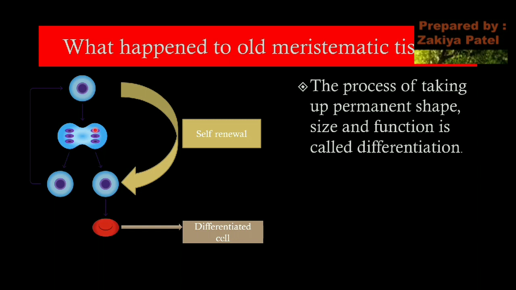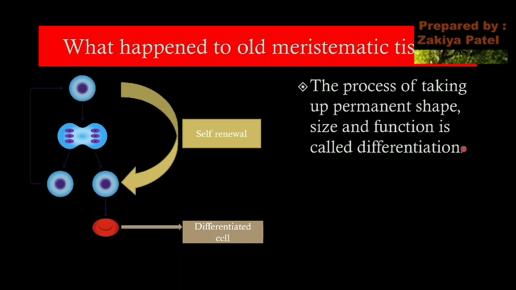The process of taking up a permanent shape, a permanent size, and function is called differentiation. Old meristematic cells lose the capacity to divide and transform into permanent cells. These permanent cells now have a particular work to do, and this whole process is called differentiation.